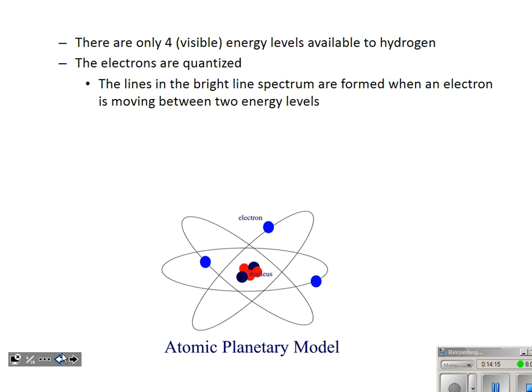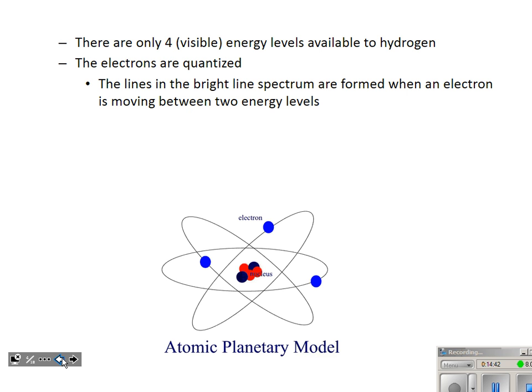So what's happening is the electron is gaining energy from the energy source. It's jumping to a higher energy level, which is called the excited state. And when it returns back to its normal position, which is what we call ground state, it gives off this light. And we can see that if we hold it up to a prism.